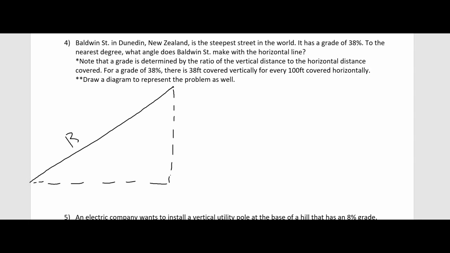So this is going to be Baldwin Street. Here's a right angle. And again, it says it has a grade of 38%. So that means that there's 38 feet covered vertically, so 38 feet for every 100 feet covered horizontally.